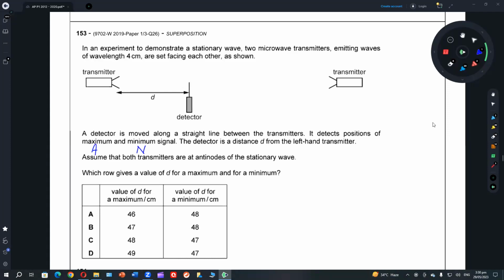The detector is a distance d from the left-hand transmitter. Assume that both transmitters are at antinodes of the stationary wave.